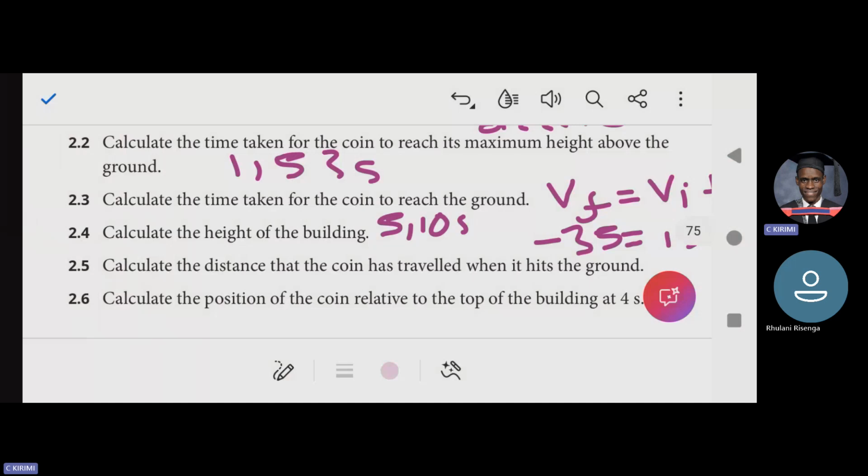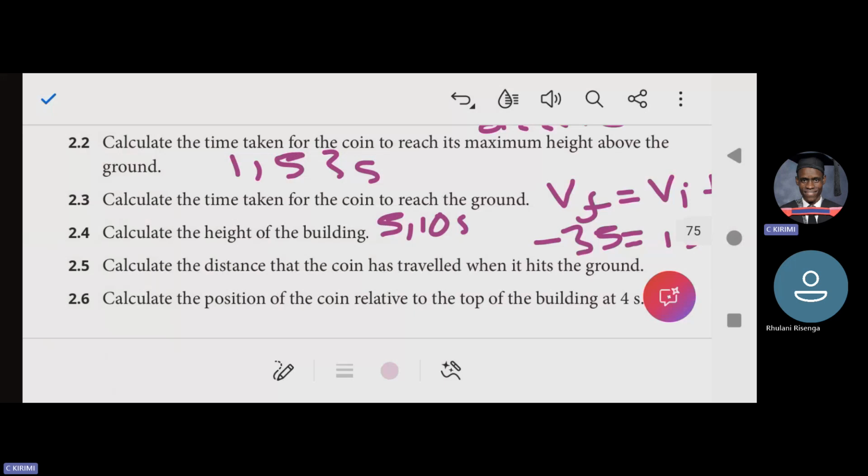What are you getting as your distance? What was the distance? 51.02 meters.